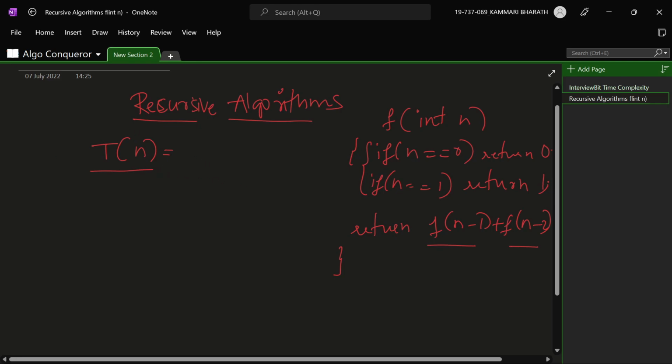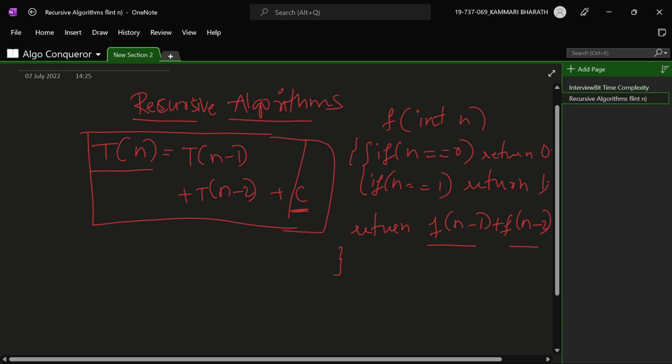So we can write the recurrence relation for this function as T of n is equal to T of n minus 1 plus T of n minus 2 plus c, where c is a constant, and this constant is these instructions, which take constant time. So this is how you express recurrence relations. Got it?